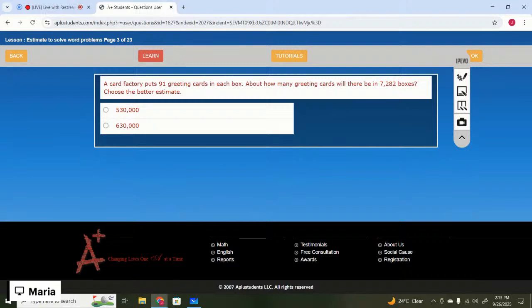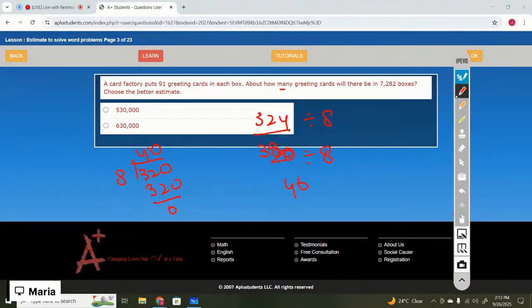Choose the better estimate. 7,282 times 91. 7,282 is rounded to 7,000 and 91 is rounded to 90. So 9 times 7 is 63. That is 630,000.